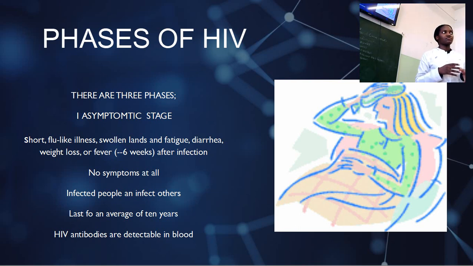This lasts usually from 1 to 6 weeks after infection. The symptoms are not very severe, and the infected people are basically carriers. They can cause infections to others, and this phase can last an average of 10 years. The HIV virus can be detected in your blood.